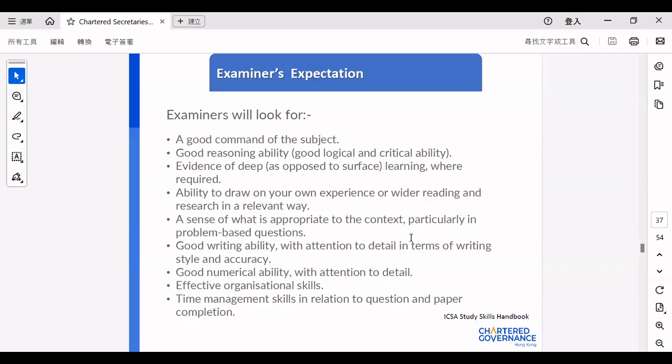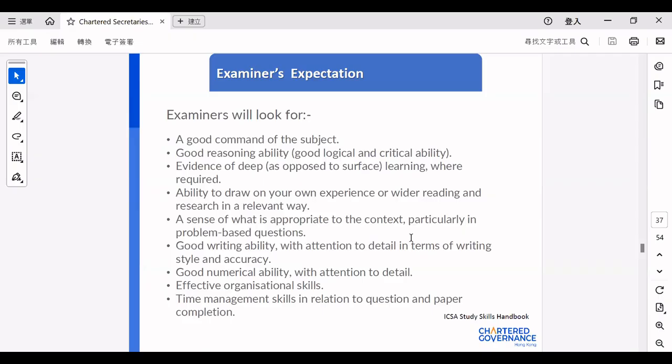Ability to draw on your experience on the wider reading, research, etc. So you can have some deeper research based on the facts in the case material. A sense of what is appropriate in the context, in the problem-based questions, good writing, good numerical ability. I think for us, numerical ability is not that important. We don't have a lot of calculations for you, but sometimes you need to interpret the tables, interpret the data.